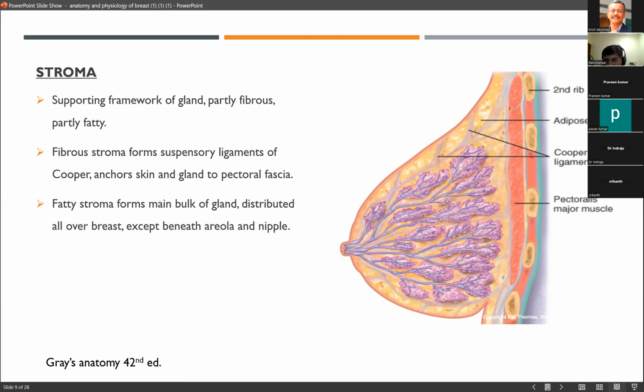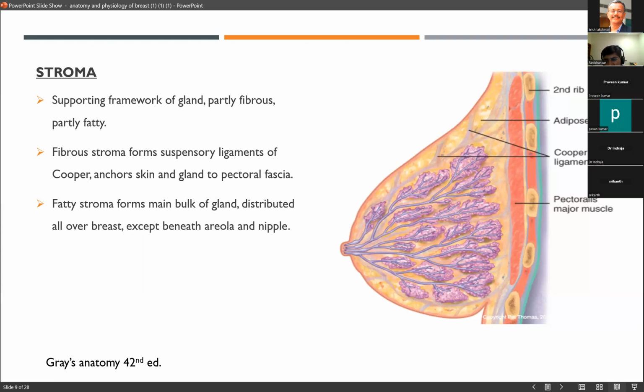If you tie a cow to a pole, then the cow is free to move along the radius or the circumference of the entire circle that it describes. So the cow is tethered to the pole. So in the early stages, the tumor probably involves the Cooper's ligaments, not so much going all the way up to the skin.